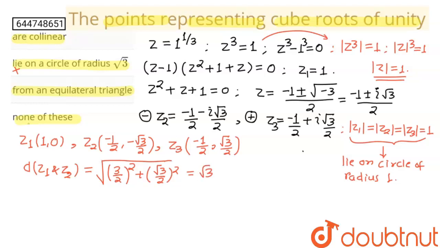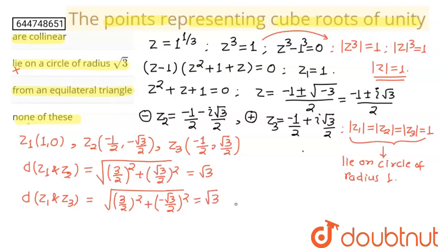Next I am going to find the distance between z1 and z3, and this will be a square root of (1 minus minus 1 by 2, which will again become 3 by 2) squared, plus (0 minus root 3 by 2) squared. If you see, both calculations are the same, and this will also become root 3.